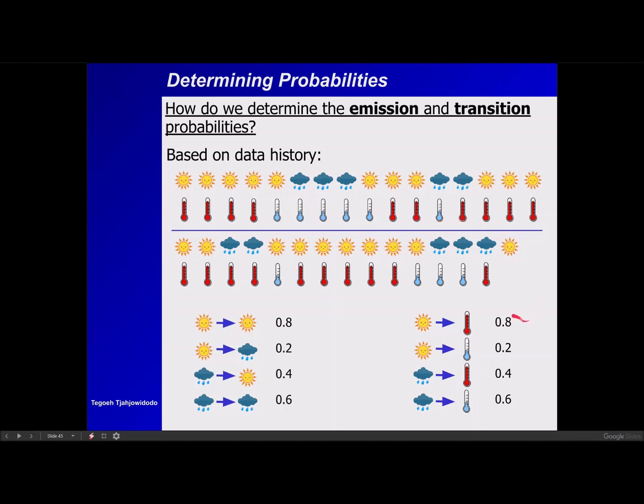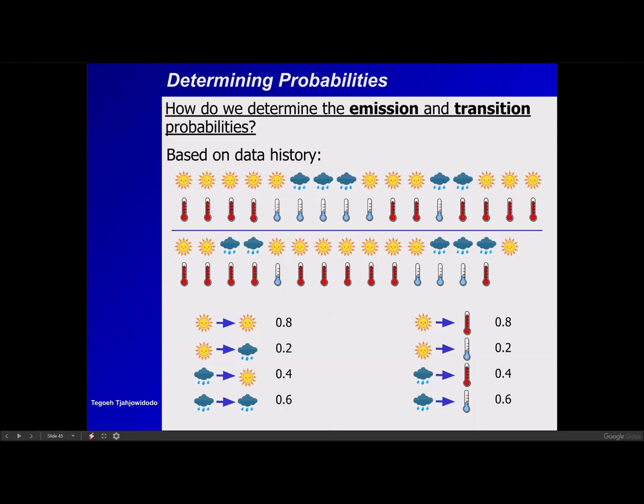So we have 80% probability of that. And then same thing, you count how many cold temperatures given the weather is sunny, and then you calculate the probability. Of course, intuitively, the more historical data that you have, the more representative the probability number that you will calculate.